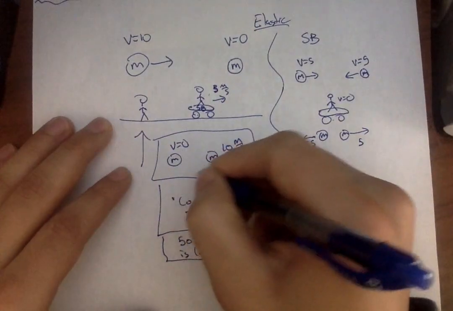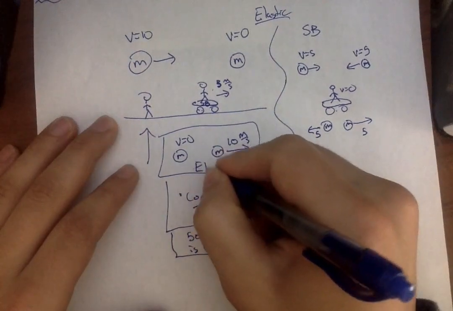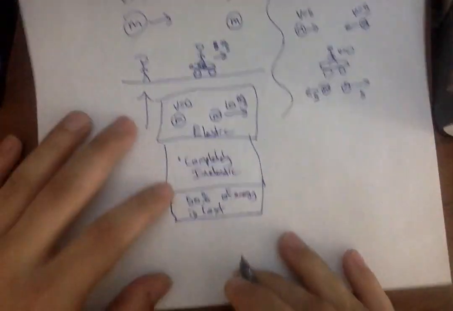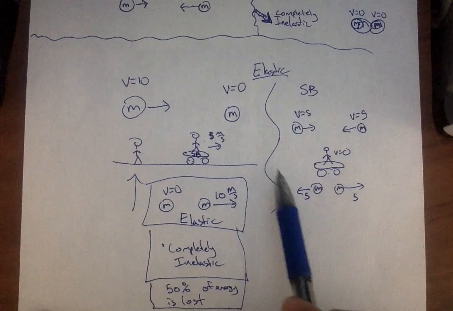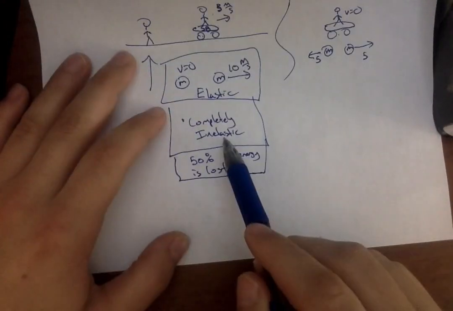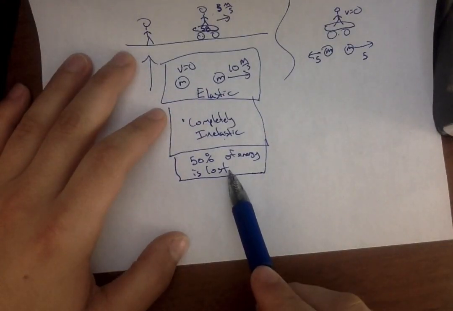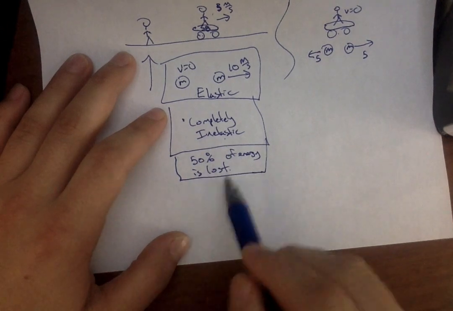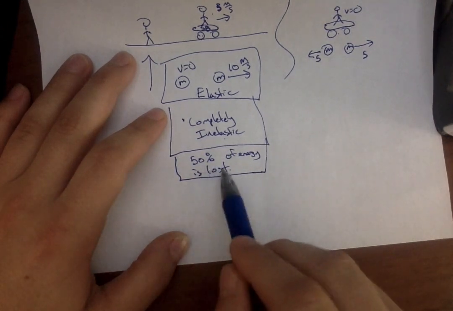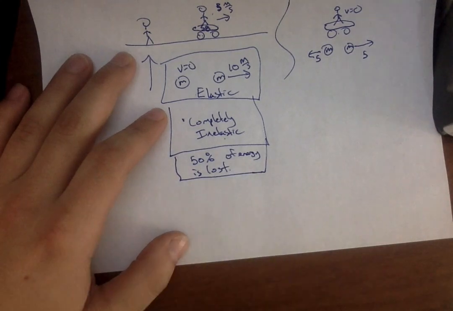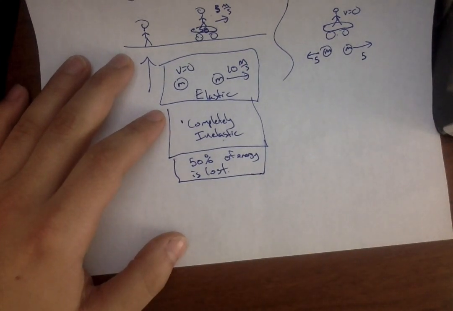I've already done the elastic collision for you. I want you to go through this same logic, but do it in the case of completely inelastic and 50% of energy loss. I'm going to warn you, this does not come to 2.5 in each direction. When you lose half of your kinetic energy, that does not equate to losing half of your speed, and that's a really big misconception.